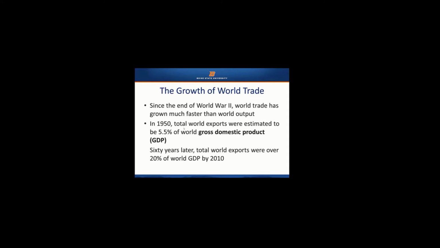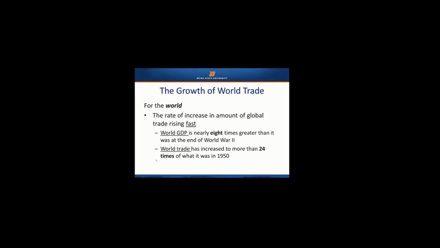And so here's a little statistic. In 1950, the amount of world trade was about 5.5% of world GDP. By 2010, it had increased fourfold to 20%. So the amount of world trade relative to GDP has increased a lot.